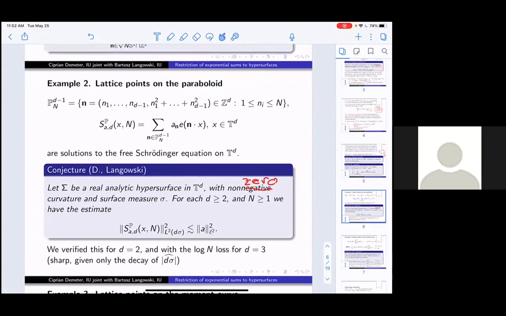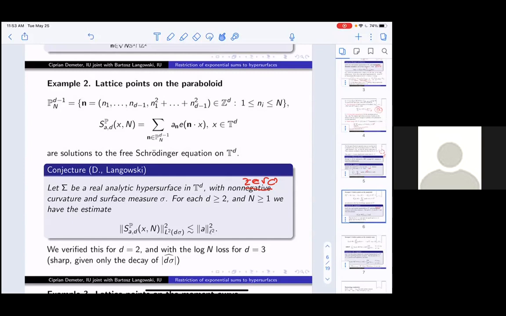So in light of the results for the sphere, it makes sense to try to understand the paraboloid. Traditionally speaking, in Fourier restriction, we view the sphere and the paraboloid as very, very similar objects. The paraboloid behaves a bit better from a technical standpoint because it rescales very canonically, but both hypersurfaces have similar principal curvatures, and one might think that they have a very similar theory.